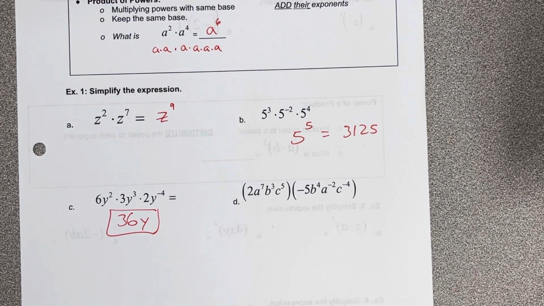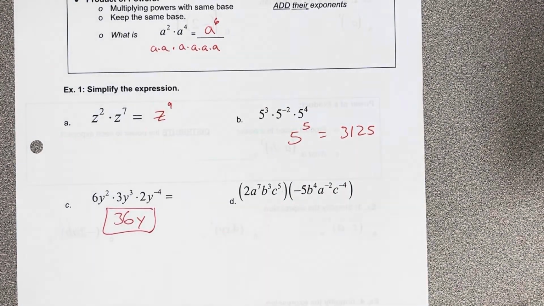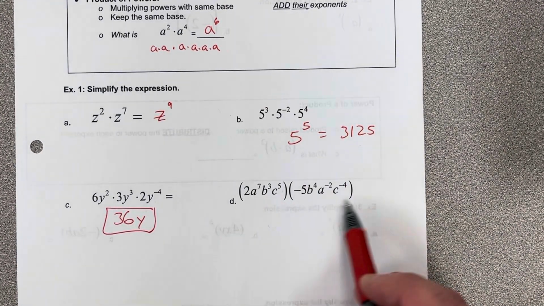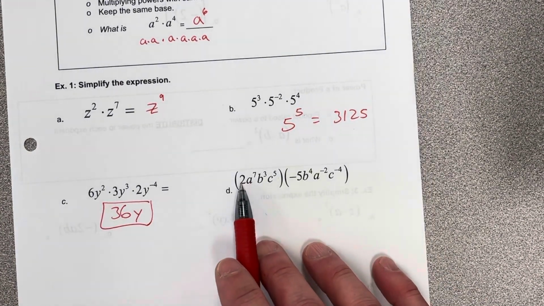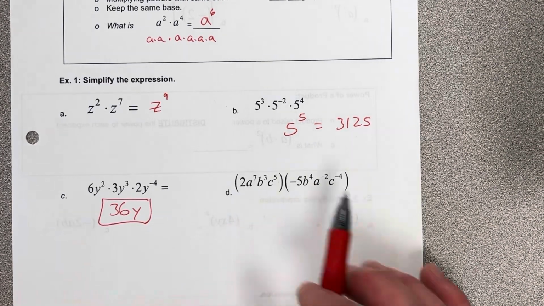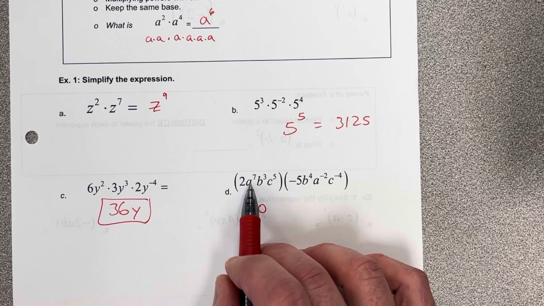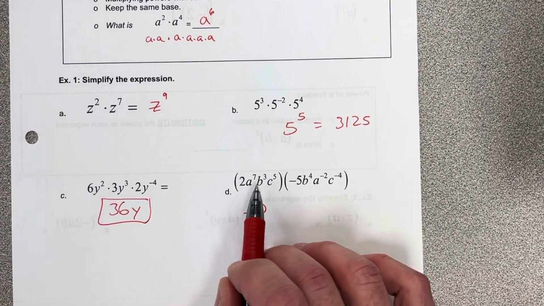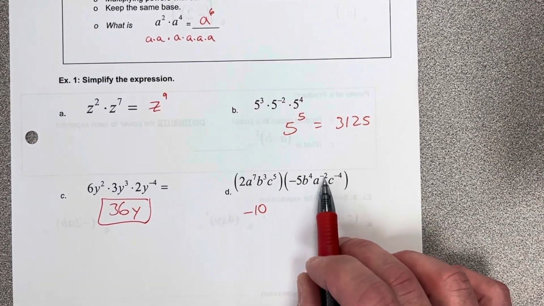On part D there, you're going to multiply. Man, that's a lot going on, isn't it? You got this term here, and you're going to multiply it with all this term here. But don't lose sight of the fact that this is first off saying 2 times negative 5. So that's negative 10. Then we can combine things. These are all multiplying, but some of them will simplify. For example, a to the 7th and a to the negative 2nd.